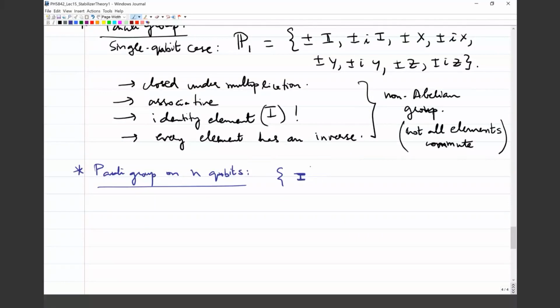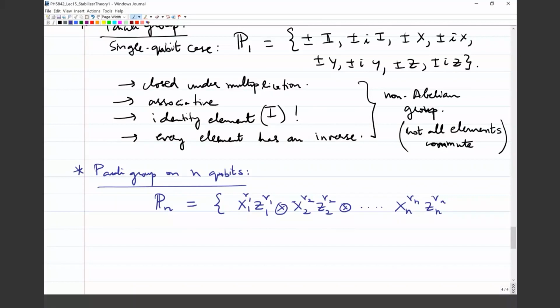So let me denote it as Pn, which is simply sets of operators like this, where you have X1 to the R1, Z1 to the S1, tensor X2 to the R2, Z2 to the S2, tensor, etc., Xn to the Rn, Zn to the Sn.